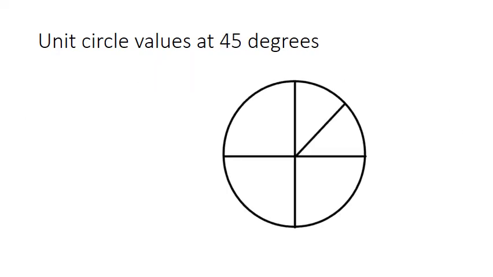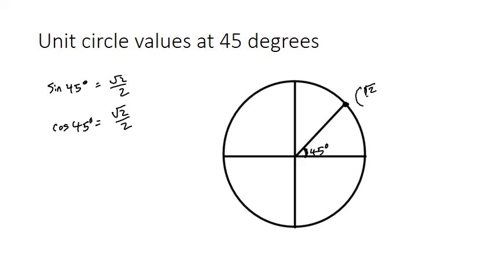We know that at 45 degrees, we said that sine of 45 degrees was radical 2 over 2, and that cosine of 45 degrees was equal to radical 2 over 2. So let's say that this is 45 degrees, that means the point associated with that, the cosine goes first.